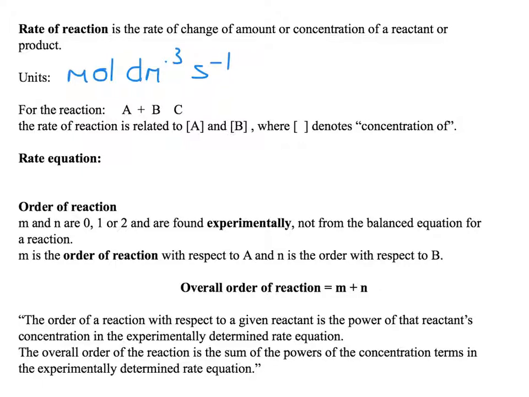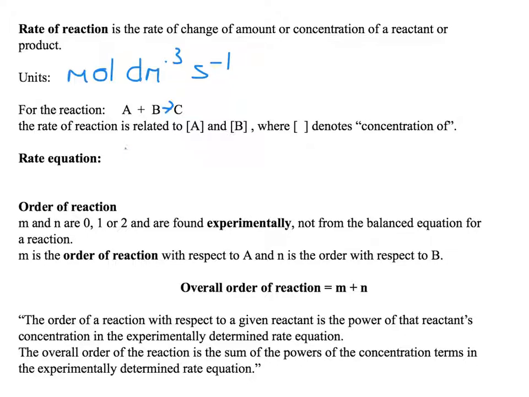Now, for a rate equation, which is what we're going to introduce at A2, you cannot use the equation to predict it. So if we've got A plus B going to C, our rate equation looks like this.